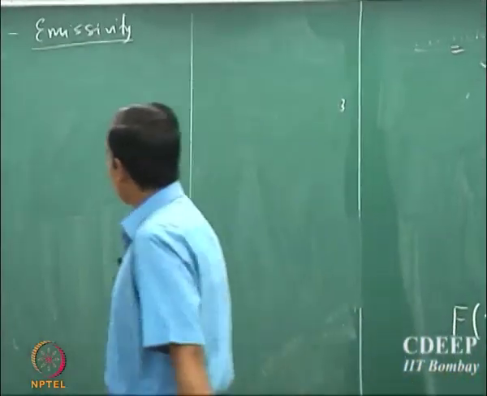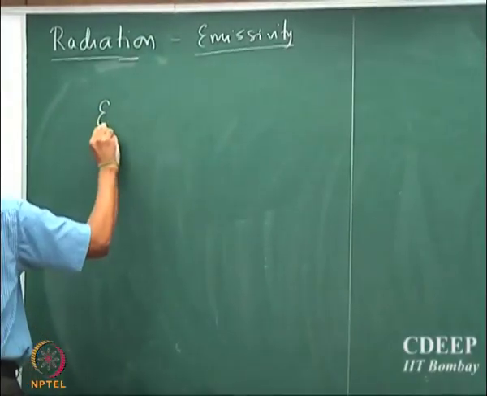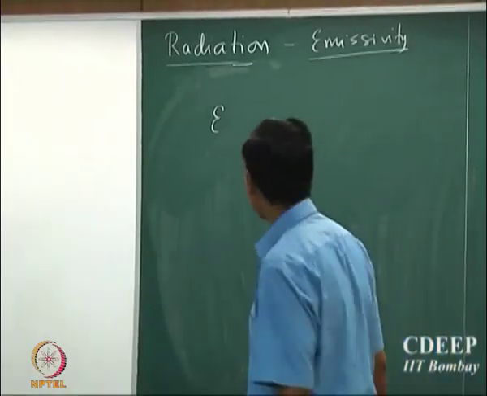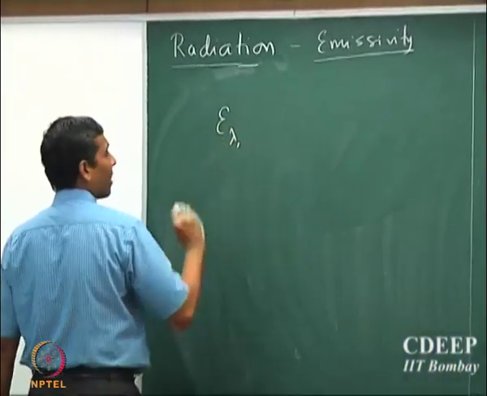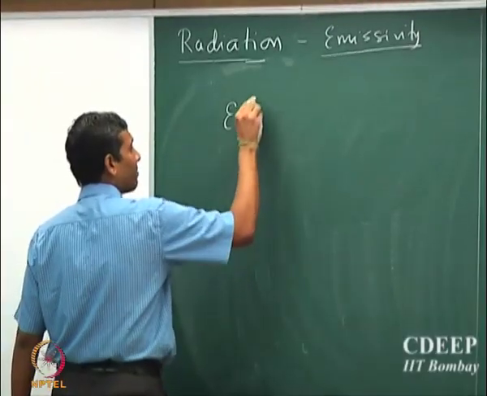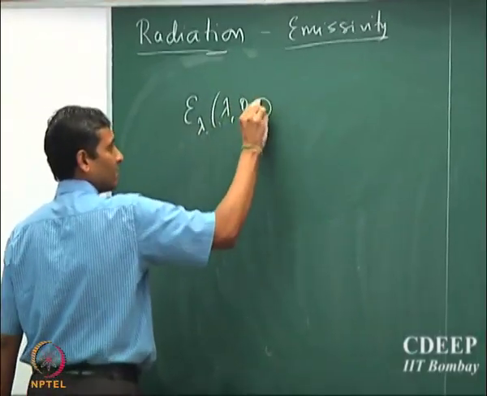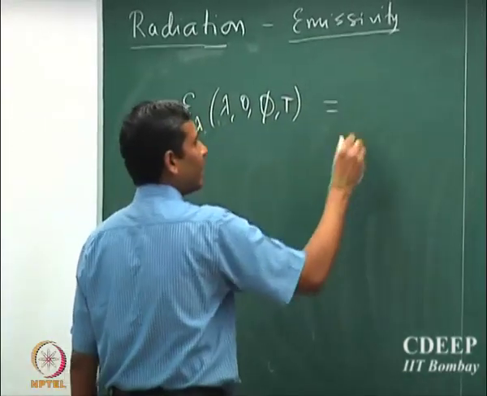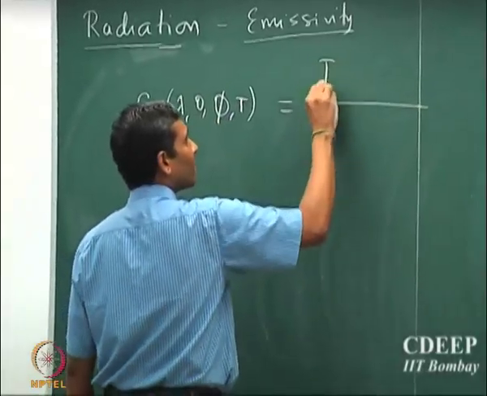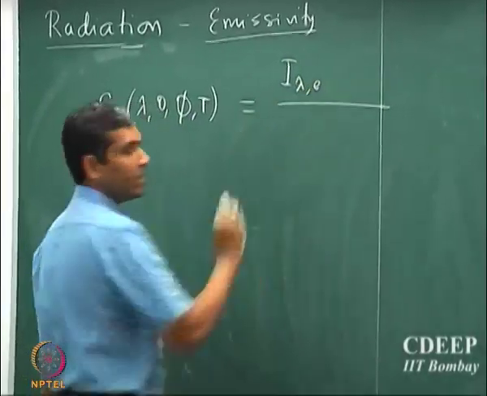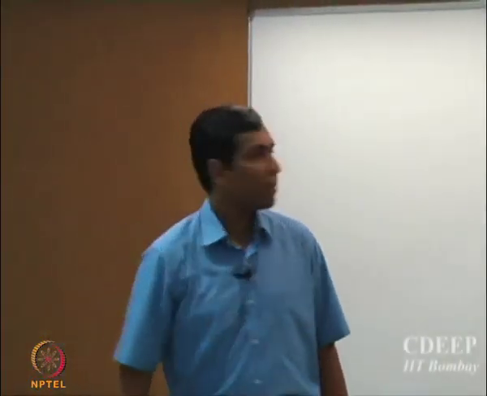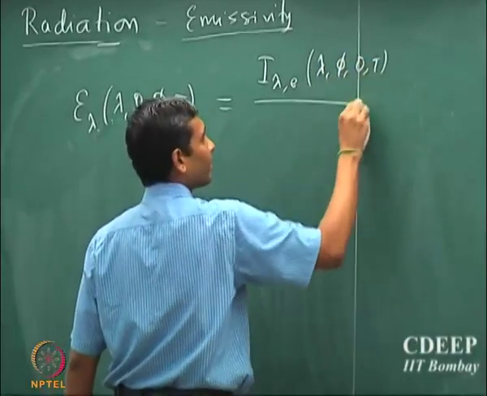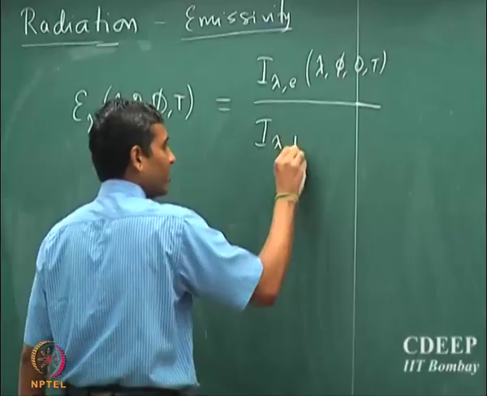So therefore it is useful to define a quantity called emissivity, which is represented as epsilon, and again it's a function of lambda, theta, phi and temperature. And it is essentially defined as the ratio of the intensity of emission from the real surface, which is again a function of phi, theta and temperature, with the corresponding emission from Blackbody.